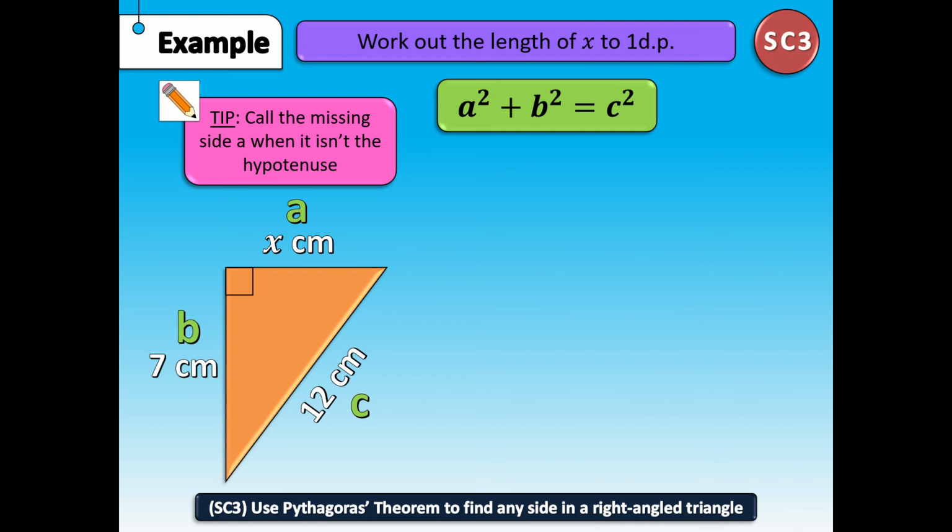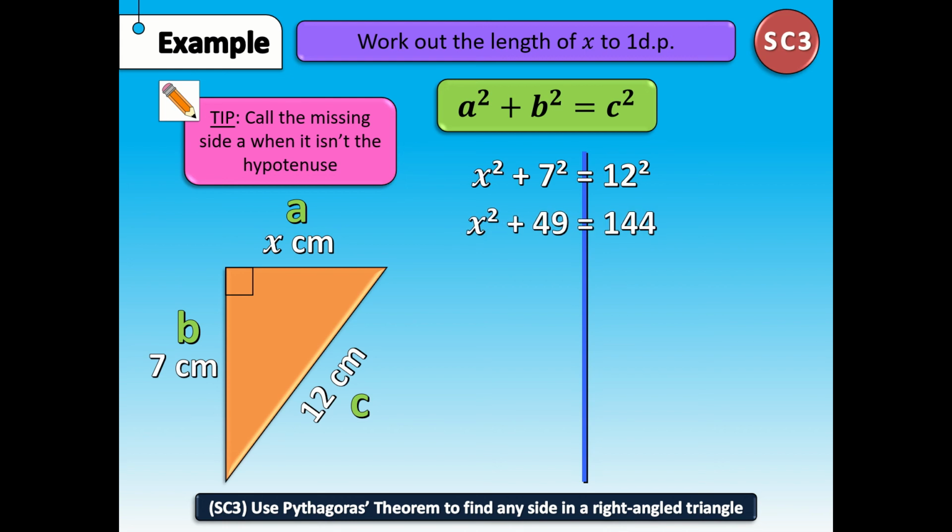So we substitute those into our formula in our Pythagoras' theorem. So A is x, B is 7, and C is 12. So we can write x squared plus 7 squared equals 12 squared. 7 squared is 49, and 12 squared is 144.